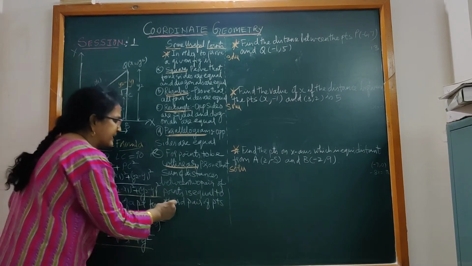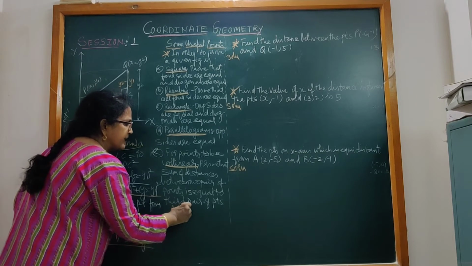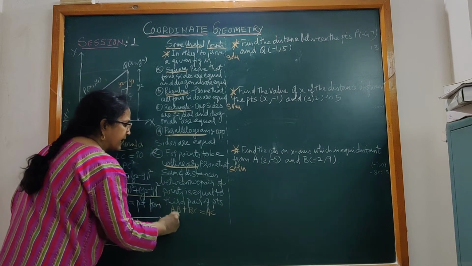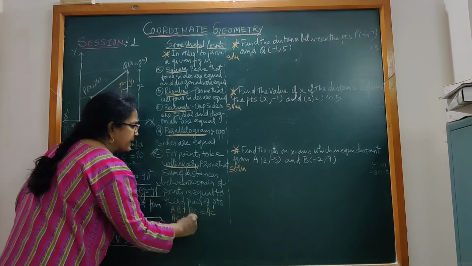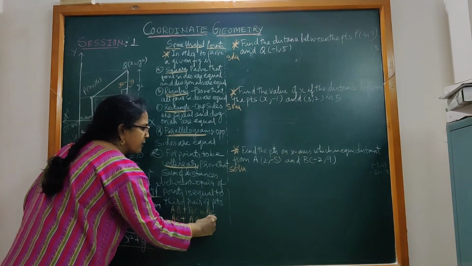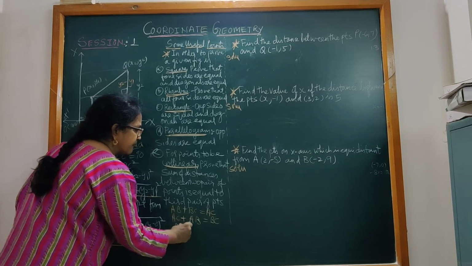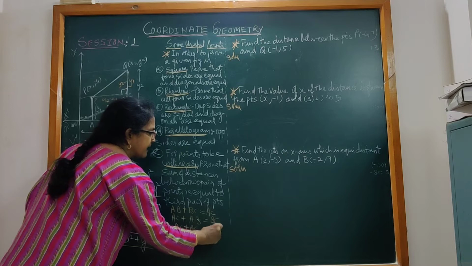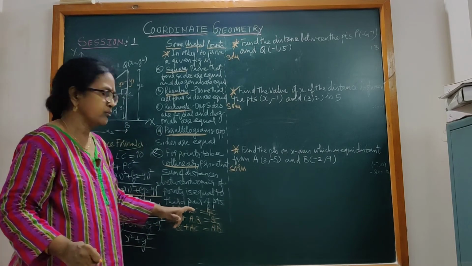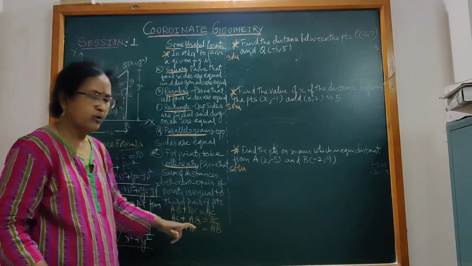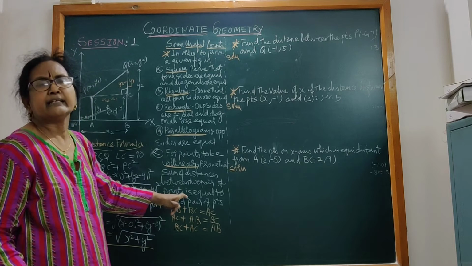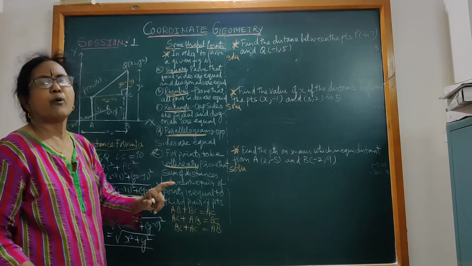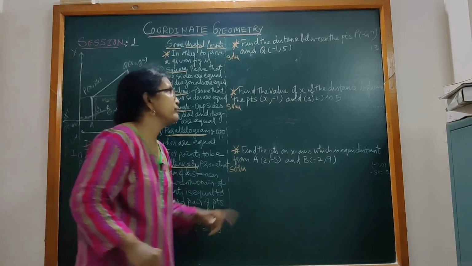That is, AB plus BC is the same as AC, or AC plus AB is the same as BC, or BC plus AC is the same as AB. Either of these will be true, and then only you can say that the points are collinear. If none of them is true, then the points are non-collinear.